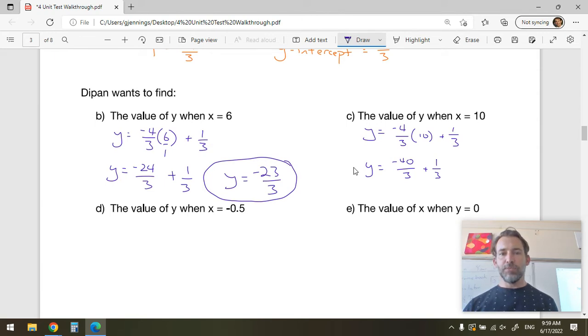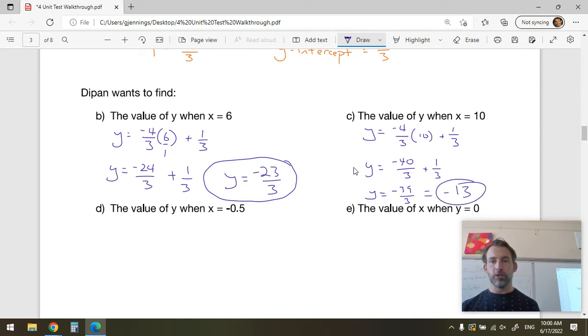Same idea here. -40 plus 1 is -39, so y is equal to -39/3. And then checking 39, I add the digits 3 and 9 and get 12. So I quickly know that this number is divisible by 3. So this is actually a whole number. -39 divided by 3 is -13. Circle it, final answer.